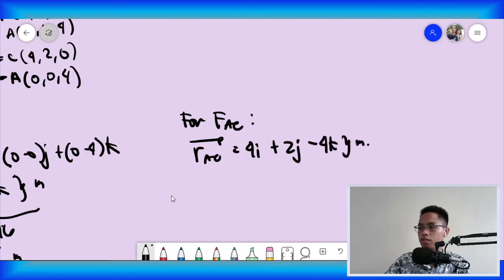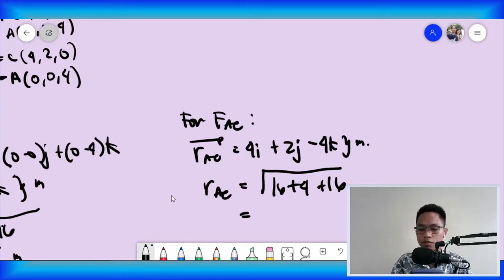This is in meters. Alright, so what is the magnitude or the distance AC? This would be the square root of 16 plus 4 plus 16, square root of 36, or that should be 6 meters.